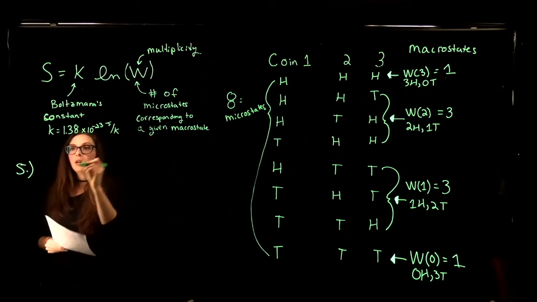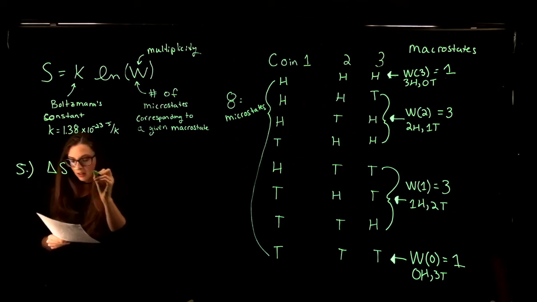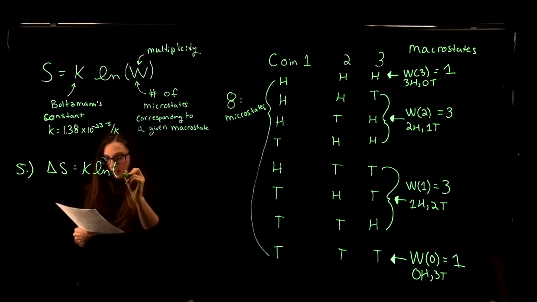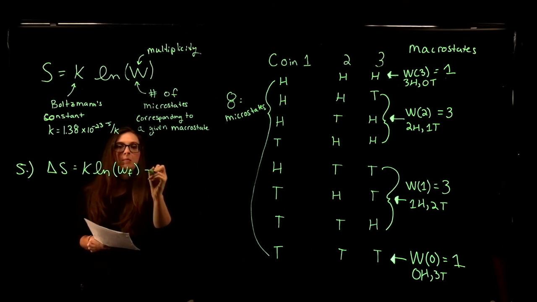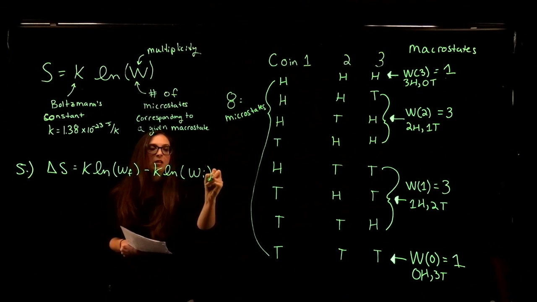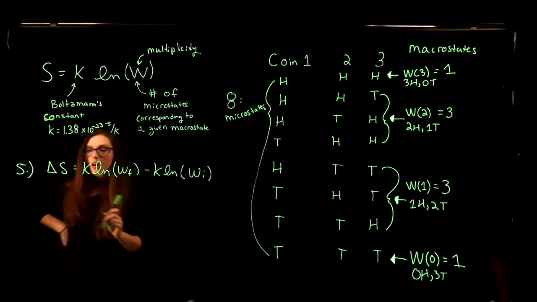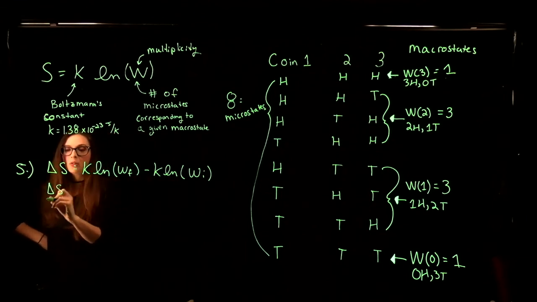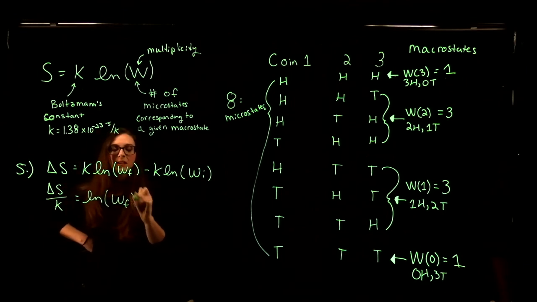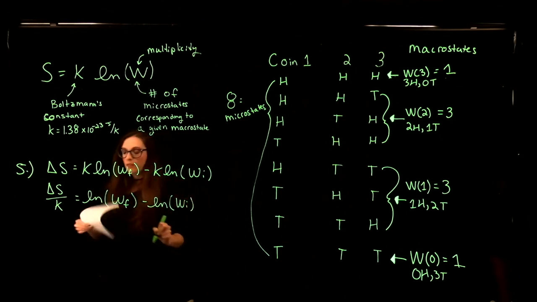And I'm going to write this equation as the change in entropy equals Boltzmann constant natural log of my final multiplicity minus Boltzmann constant natural log of my initial multiplicity. And actually what I'm going to ask you to do is report the quantity delta S over k. And so that equals natural log of our final multiplicity of the system minus natural log of our initial multiplicity of the system.